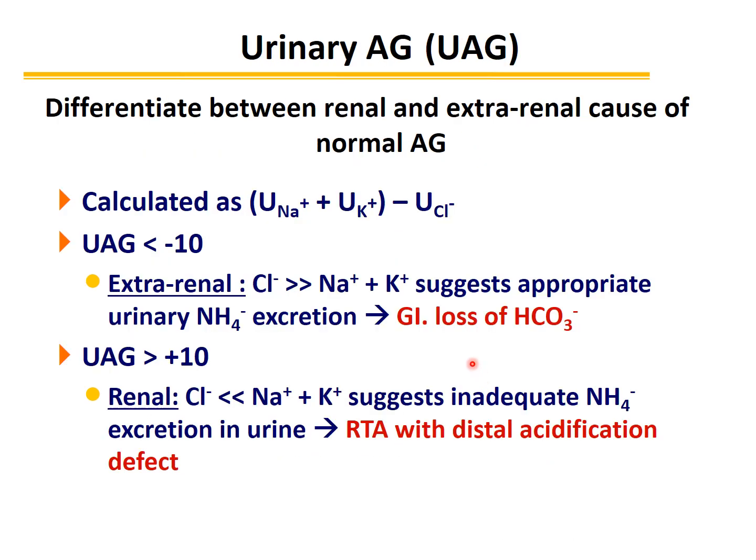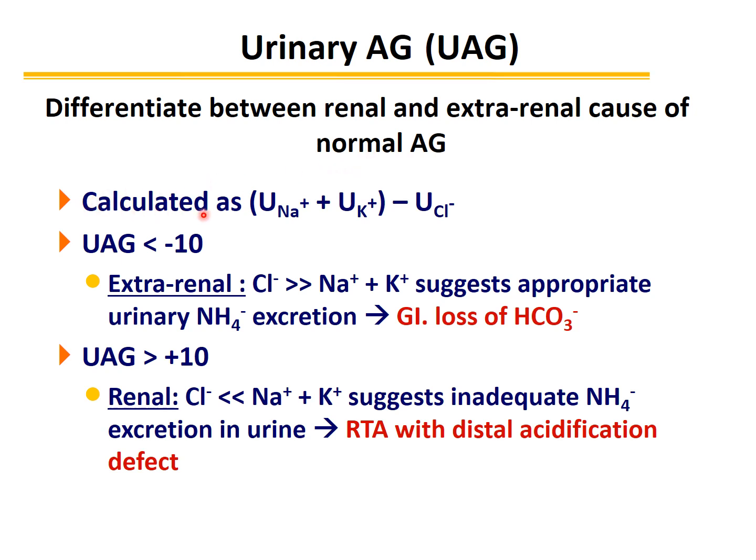Now, how can we use the urinary anion gap? The urinary anion gap will tell us whether the cause of the non-anion gap acidosis is a renal problem or an extrarenal problem. An extrarenal problem means that the kidney works perfectly, so the kidney can eliminate the extra acid.